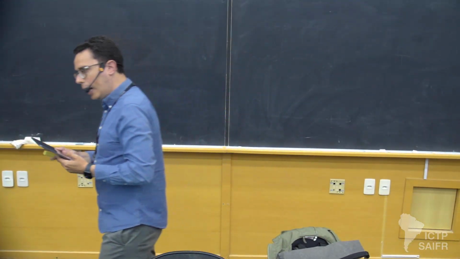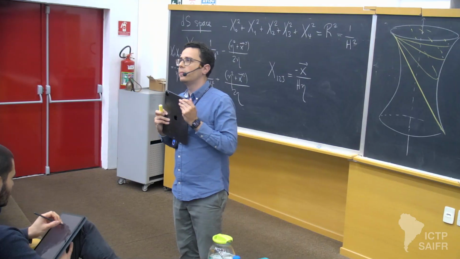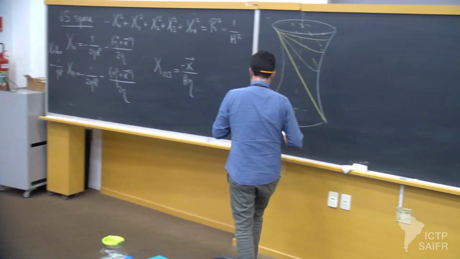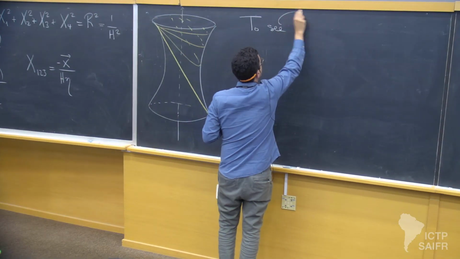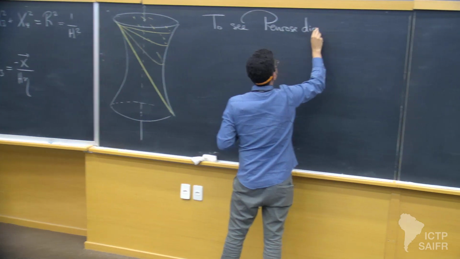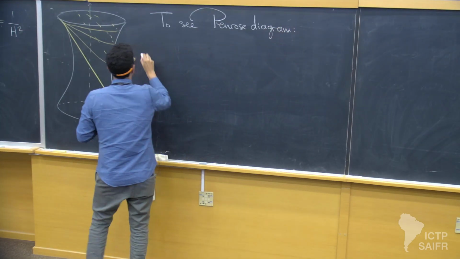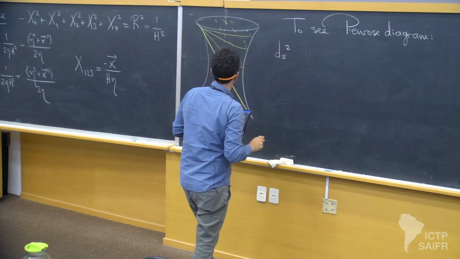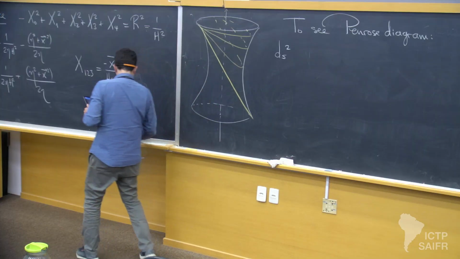Let's see, I guess with Chiara, you guys saw Penrose diagrams, is that right? Causal diagrams. Okay, so to see the Penrose diagram, you do the following. There's another way of slicing the de Sitter space, which is with spheres.